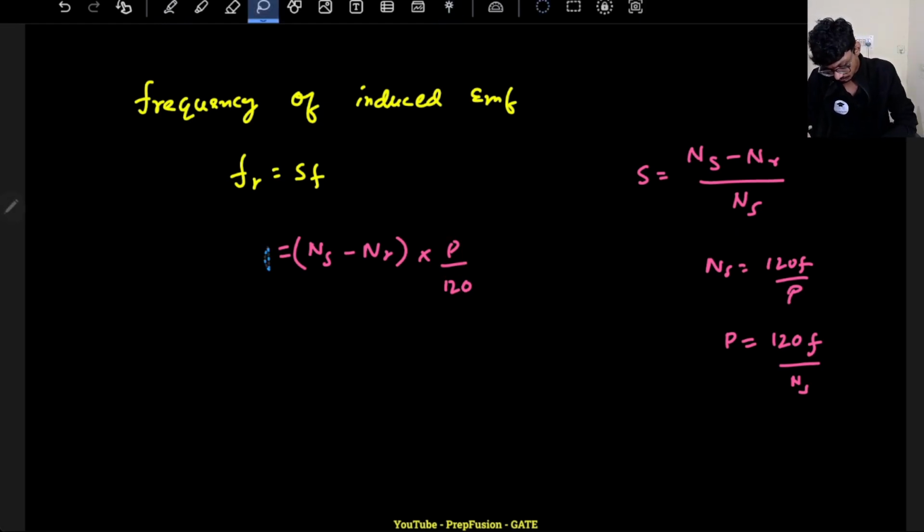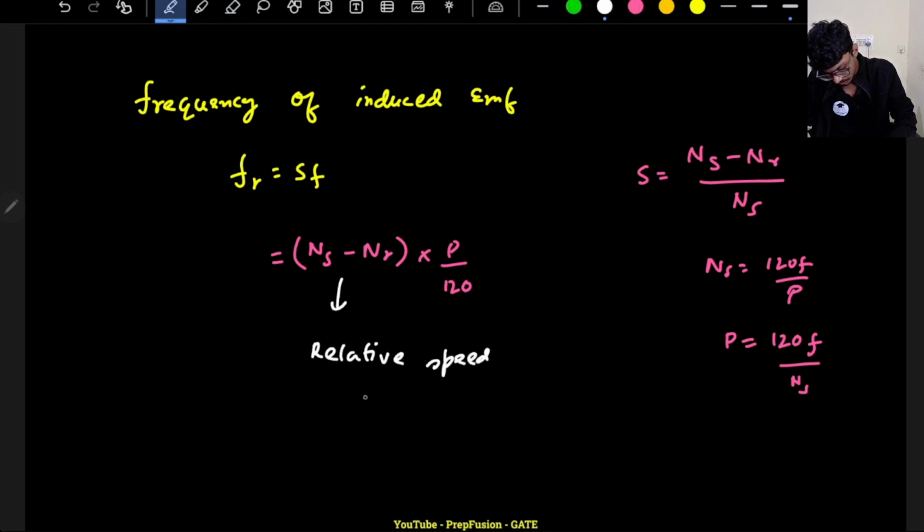So here, NS minus NR. What is NS minus NR? It is the relative speed between stator and rotor.